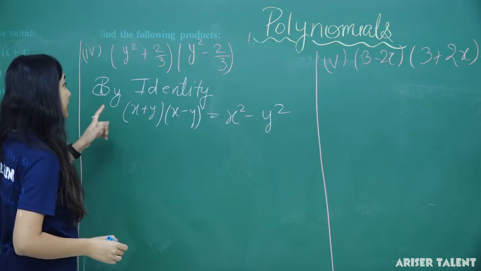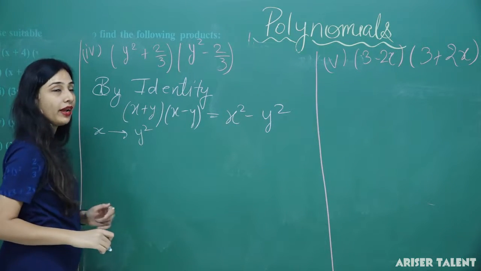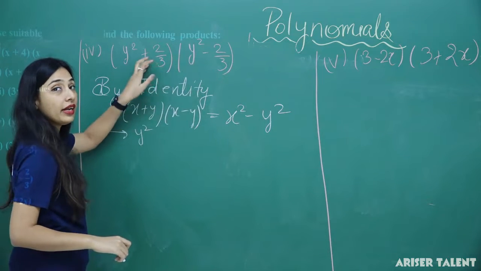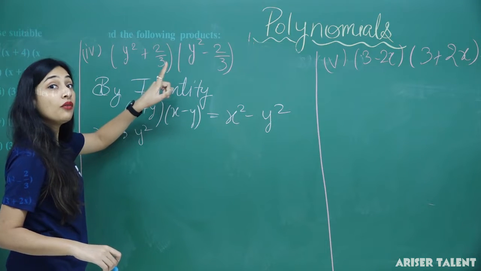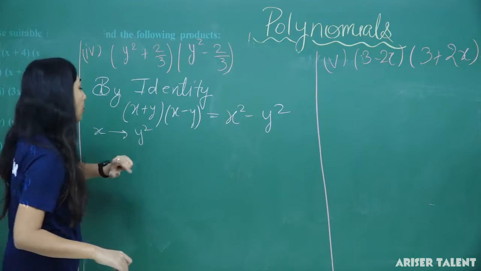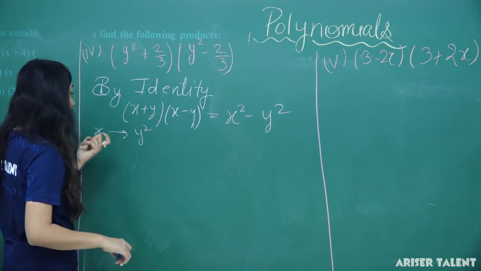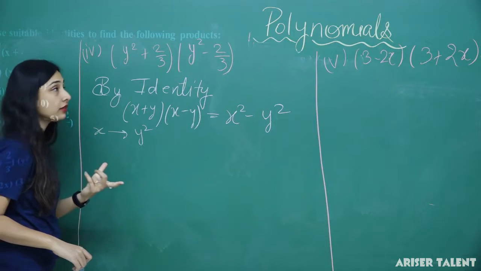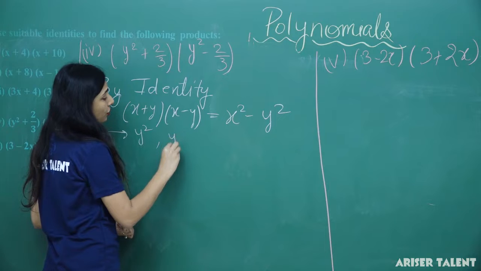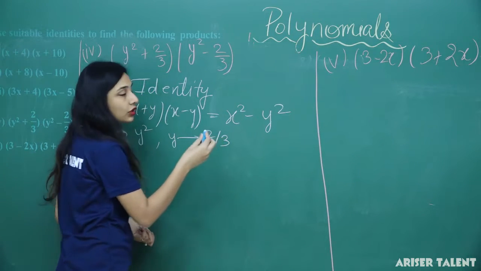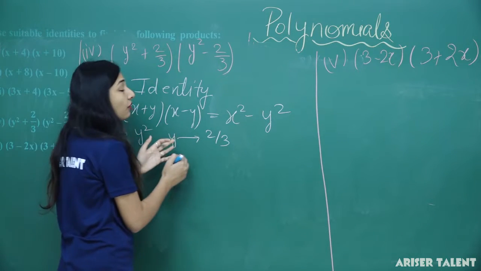Okay, now in this case x is here given as y square, because this is same and this is same, and we are having only a sign changed in these two brackets. That means this is the (x plus y)(x minus y) format. So we have got y square in the place of x of our identity, and in the place of y we have got 3 by 2. Don't get confused over there. That means you have to write y square in the place of x and 3 by 2 in the place of y.